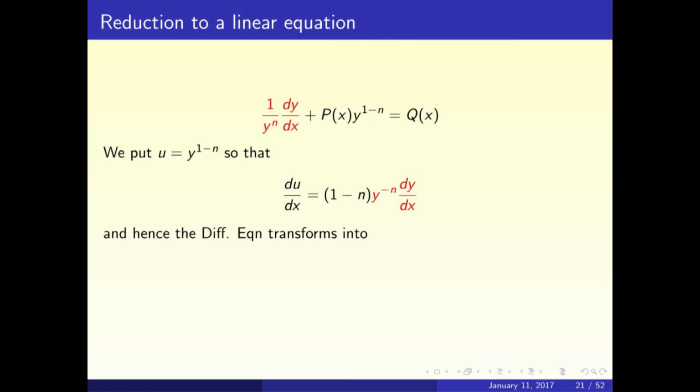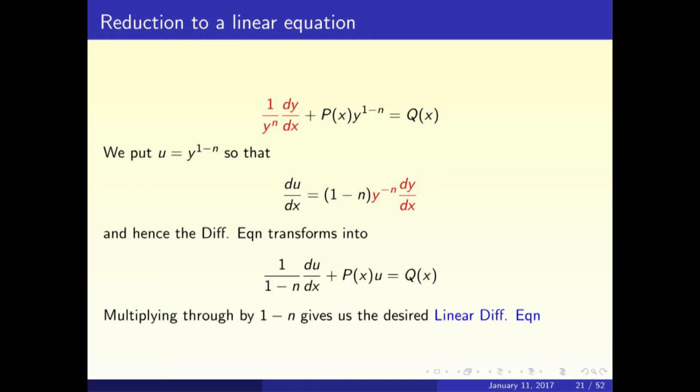Obviously, from the second equation, we are going to substitute into the first equation. So the differential equation transforms into 1 upon 1 minus n du by dx plus p(x) u equal to q(x). Now you multiply by 1 minus n and lo and behold, we got a linear differential equation.